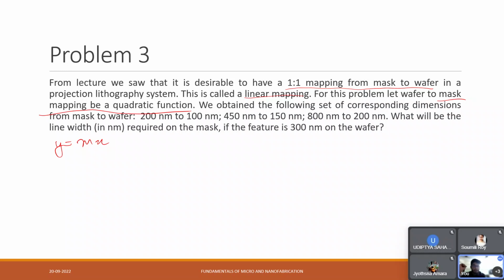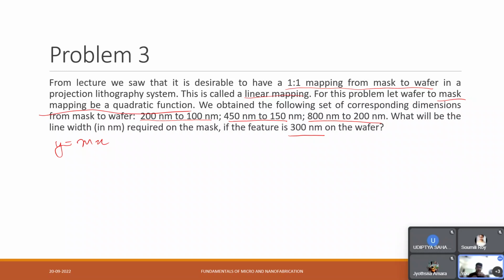We have given some values: 200 nanometer to 100 nanometer, so 200 is the mask size and 100 is what is transferred to the wafer. Then 450 to 150 and 800 to 200. You have to tell, if you want a line width of 300 nanometer, what should be the pattern size present in the mask.